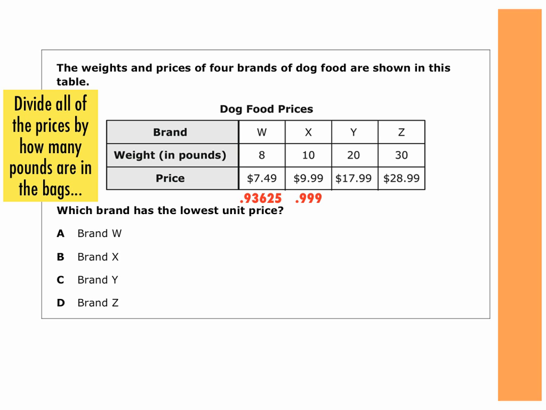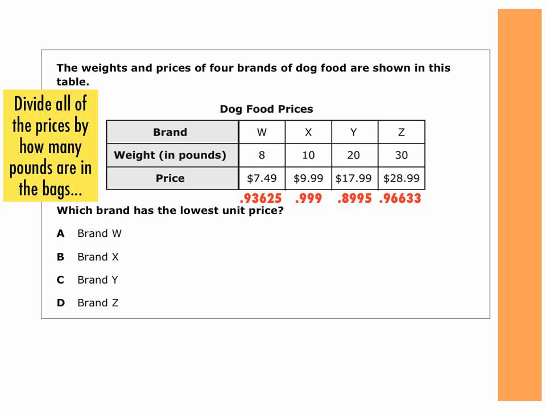For brand Y, I'm going to take $17.99 and divide it by 20, which will give me 0.8995. And then for brand Z, I'm going to take $28.99 and divide it by 30, which gives me 0.96633, and I think the 3 keeps repeating.